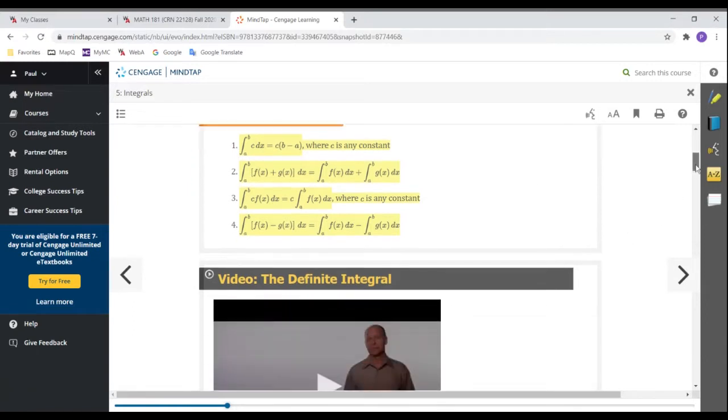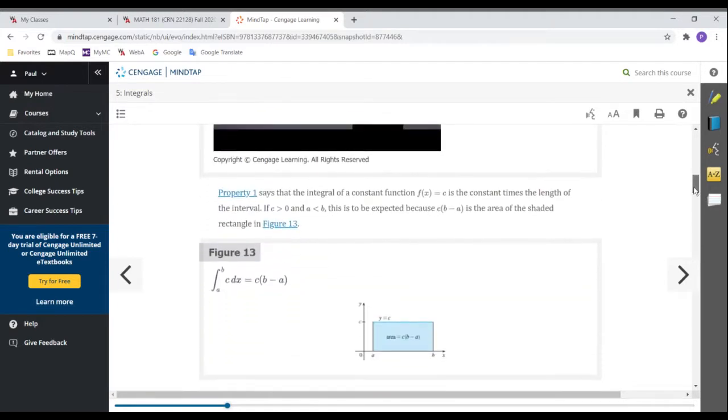Now, why is that? Well, it's not hard to show, really. In figure 13, they've drawn a function y equals a constant. That's a horizontal line. And the definite integral is the area underneath that function from x equals a to x equals b.